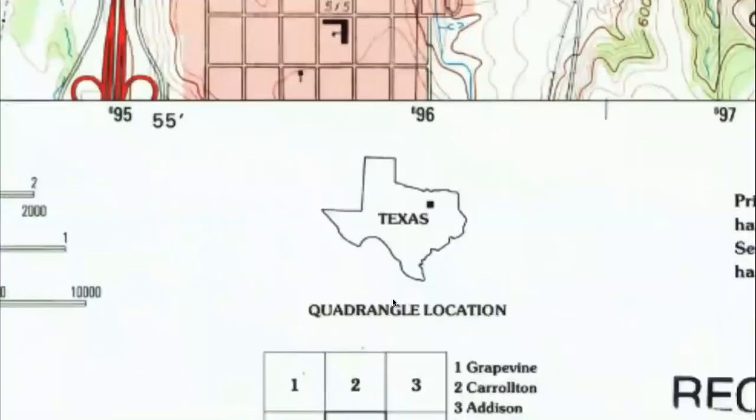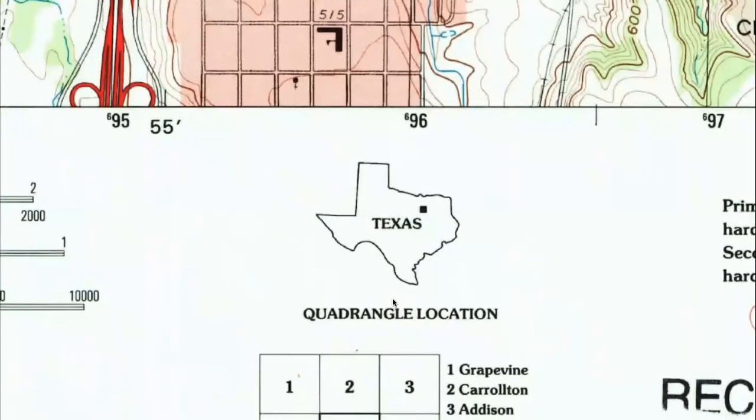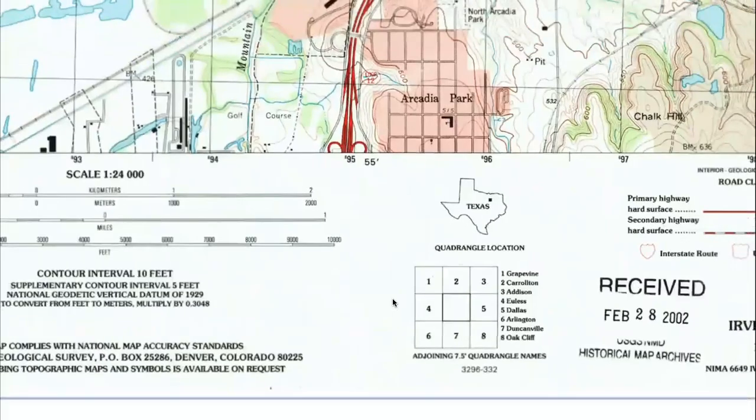Well, down here, here's a cute little map of Texas, and there's a little square there, that little black square dot thing is what this map is. So if you can imagine, even as big as this map is, it's not very big when you compare it to all of Texas and the rest of the world. So these are big maps, but not so big maps, but they're very zoomed in. So we're going to talk about that.